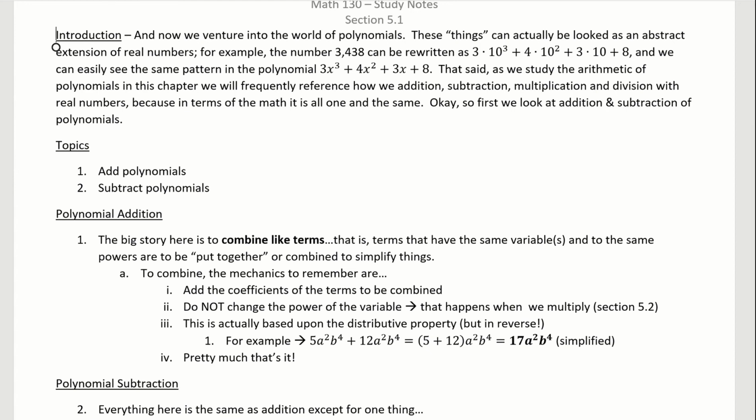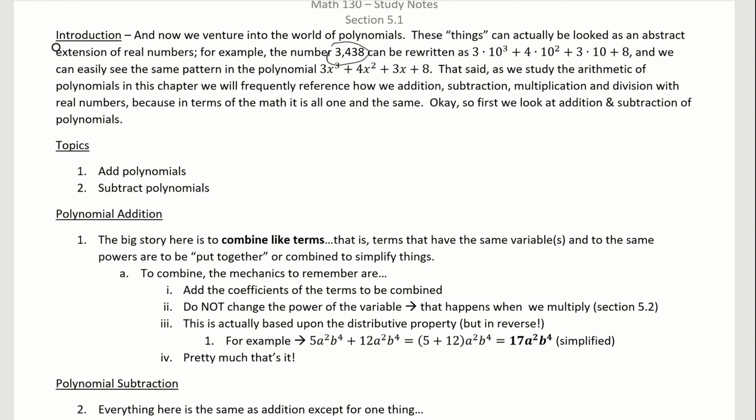Anyway, the thing about polynomials is that these things, if you will, can actually be looked at as an abstract extension of numbers. So, for example, the number 3,438 can be rewritten as 3 times 10 to the third, which is 1,000, plus 4 times 100, plus 3 times 10, plus 8. Why would you do that?